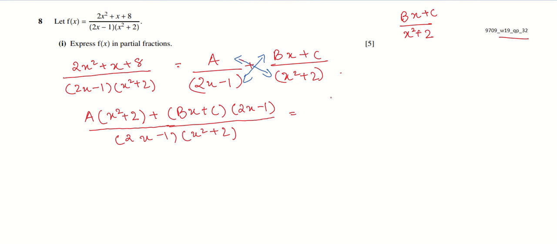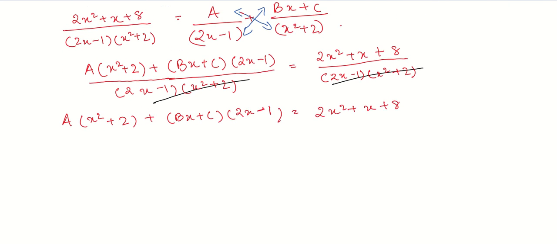That is equal to 2x squared plus x plus 8 divided by the same denominator, 2x minus 1 multiplied by x squared plus 2. So we can cancel the denominators, because the right and left side denominators are the same, and we'll only be left with the numerators.